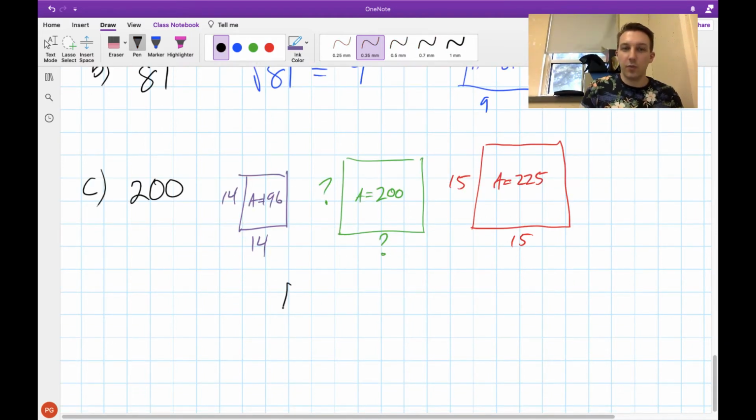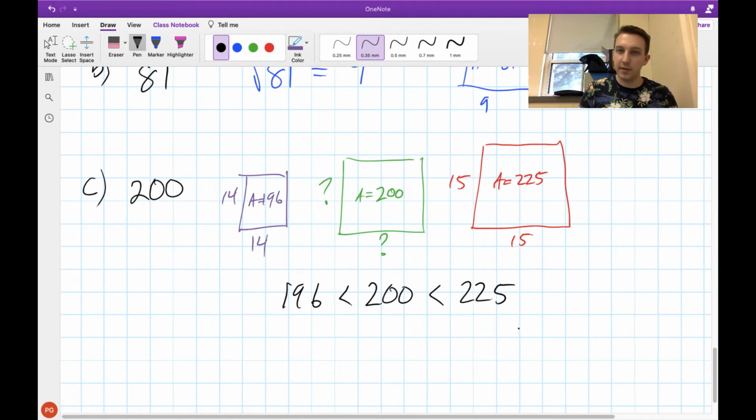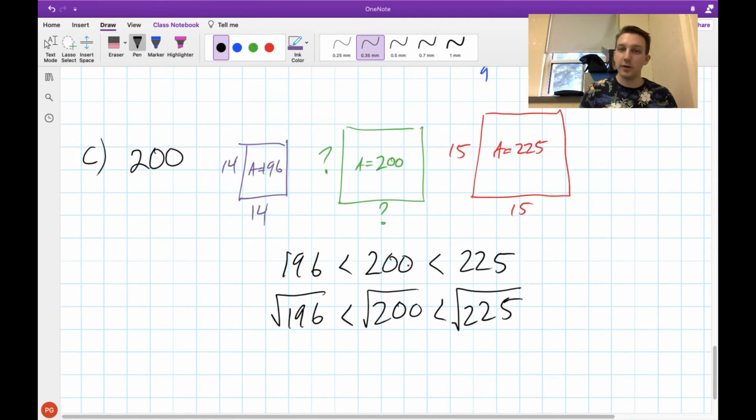So if 196 is a little bit smaller than 200, which is a little bit smaller than 225, that tells us that these sides in green here should be somewhere between 14 and 15. In other words, the square root of 200 should be somewhere between the square root of 196 and 225. So the side lengths should be somewhere between 14 and 15.